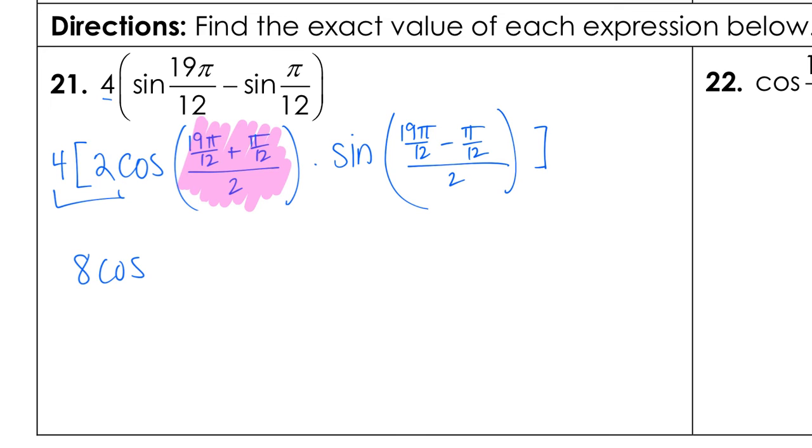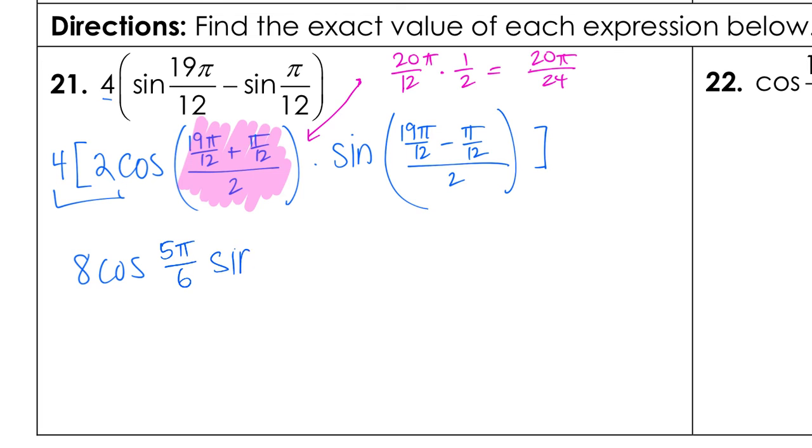I'm going to write this as a side note here on the top. But then if I'm dividing by 2, that's the same as multiplying by a half, which gives me 20 pi over 24. When you simplify that as much as you can, it gives you 5 pi over 6.